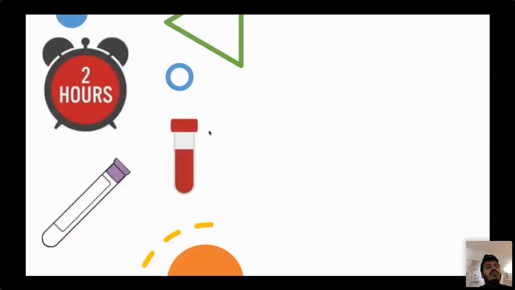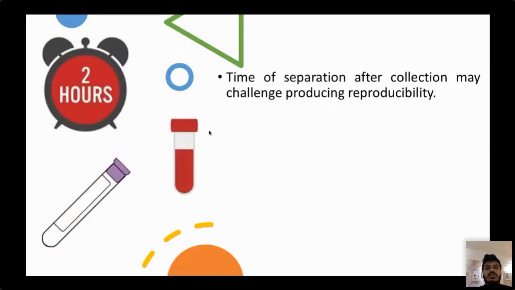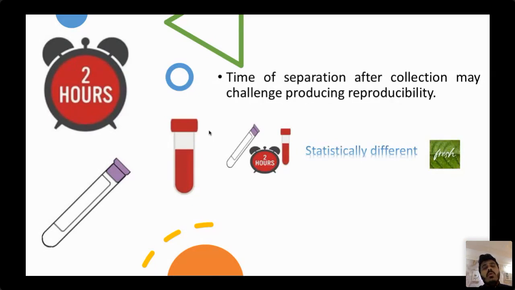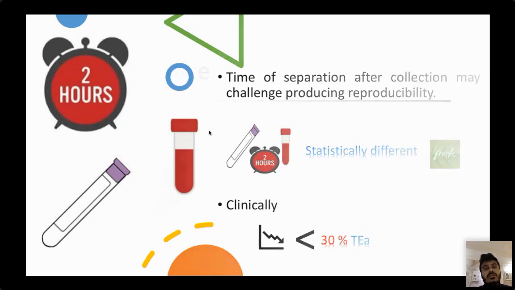Our second factor is the delay in the centrifugation. As you know, time of separation after collection may challenge reproducibility. We investigated the effect of the delay in centrifugation on serum and EDTA samples. There is a statistical difference when compared to fresh, but clinically, the mean percent change didn't exceed the total allowable error.